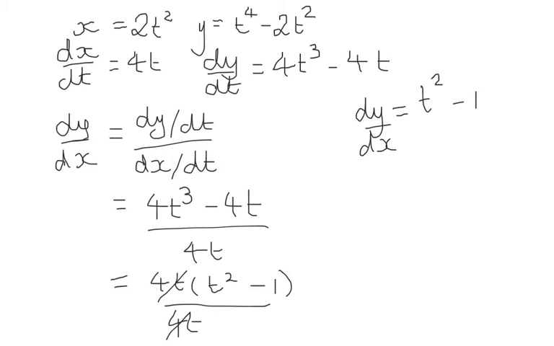To take the second derivative, we must differentiate dy/dx again. The right hand side, to differentiate with respect to x, remember this is defined in the parameter t. So we have to use the chain rule here.